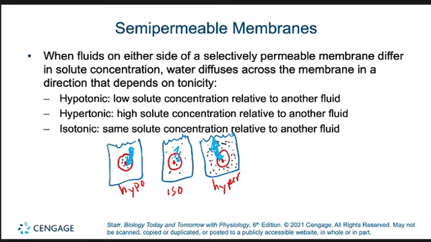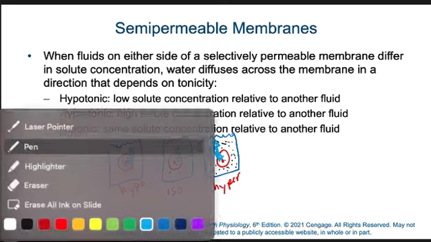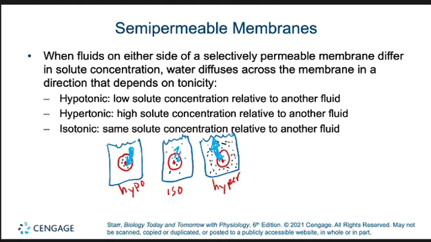Okay? So what's the result going to be? Well, result, we'll put that in green. In an isotonic solution, no change. In a hypertonic solution, the cell will shrivel up, or we could say dehydrate, or crenate if you like.